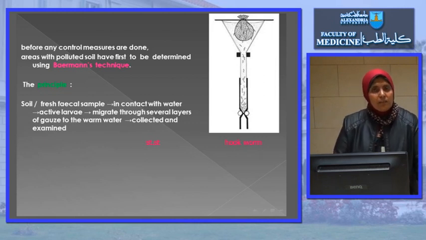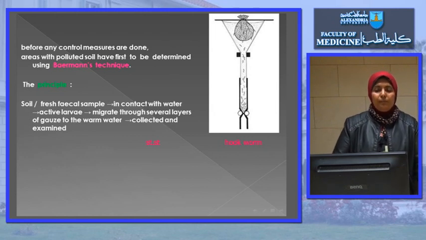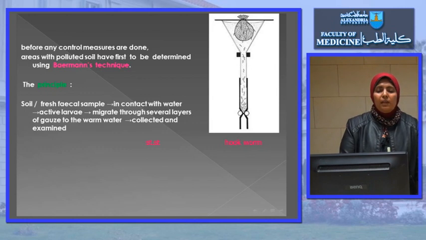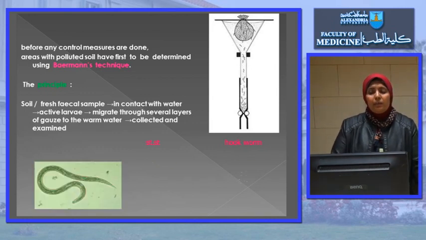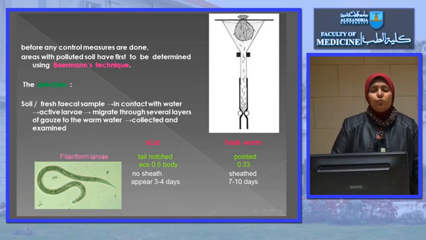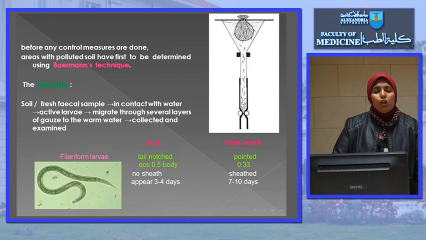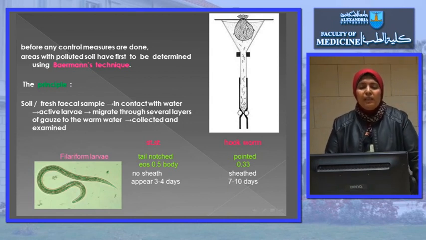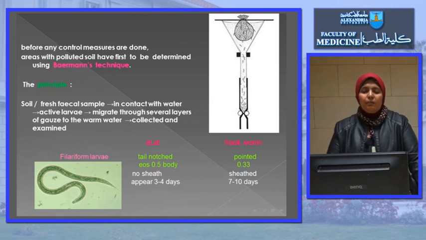Which larvae will be collected? The rhabditiform larvae. We will collect these rhabditiform larvae and we will transfer them to the lab and leave them for a while. After 3 to 4 days, the larvae of Strongyloides stercoralis will change from the rhabditiform larvae to the filariform larvae. Why do we do this? Why don't we examine directly the larvae produced here?